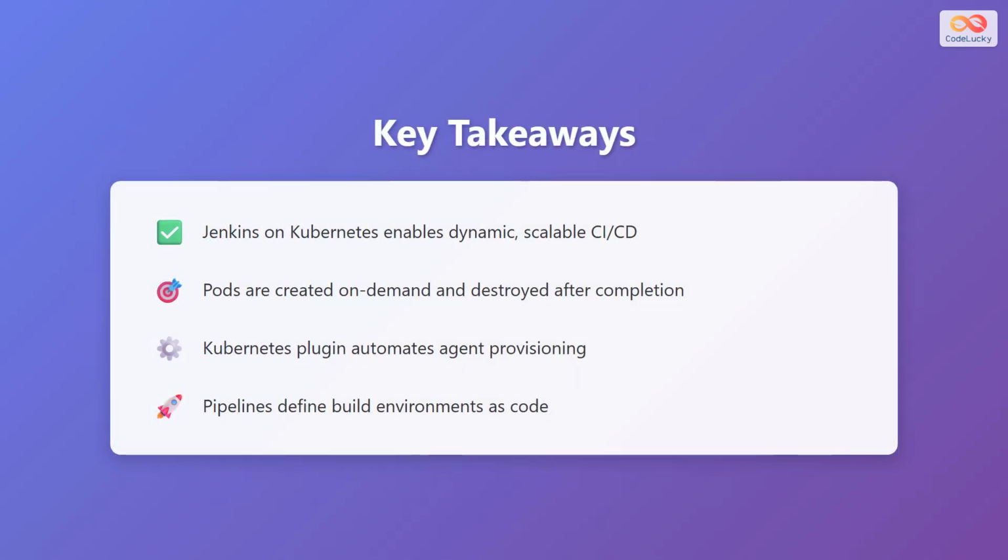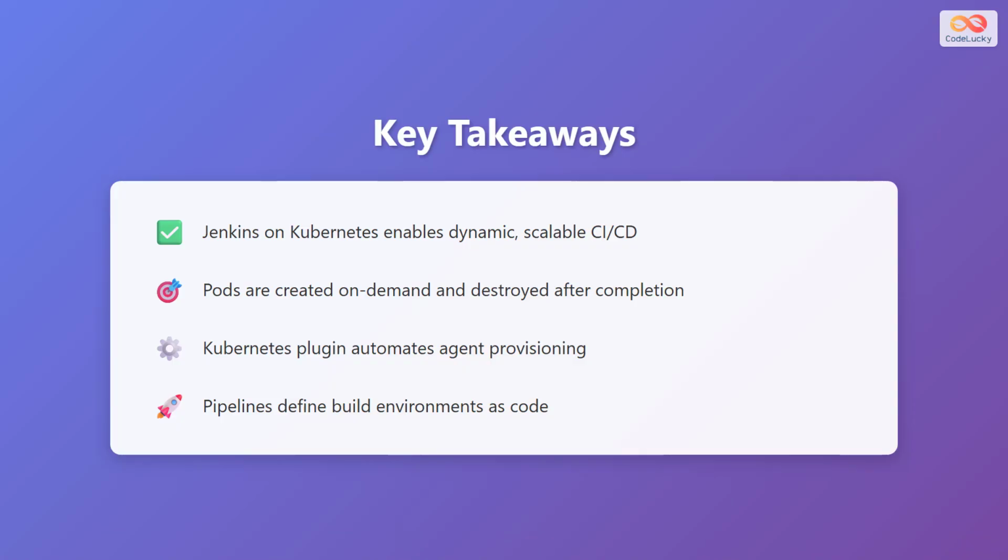Let's recap the key concepts covered in this tutorial. Jenkins on Kubernetes enables dynamic and scalable continuous integration and continuous deployment workflows that adapt to your workload demands. The architecture uses ephemeral pods that are created on demand when jobs are queued and automatically destroyed after completion, eliminating resource waste and reducing costs.